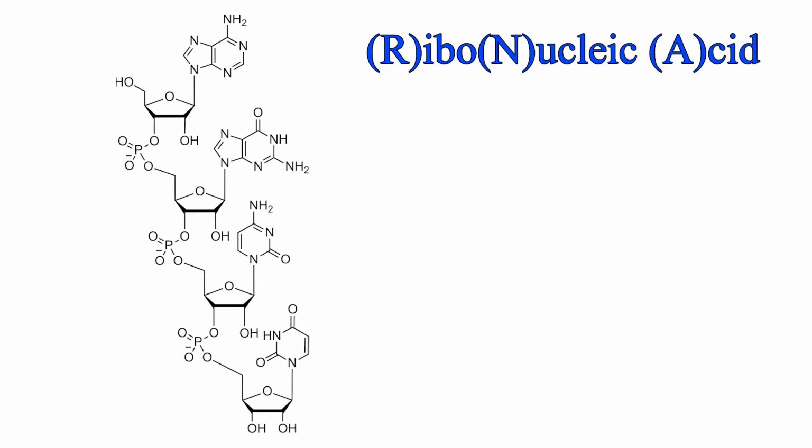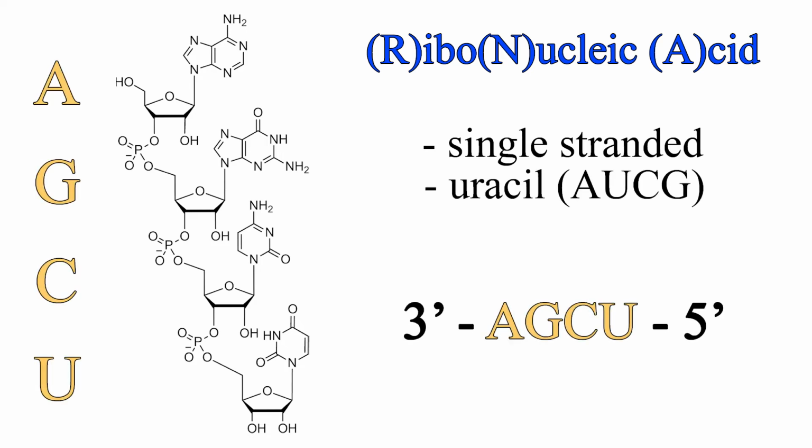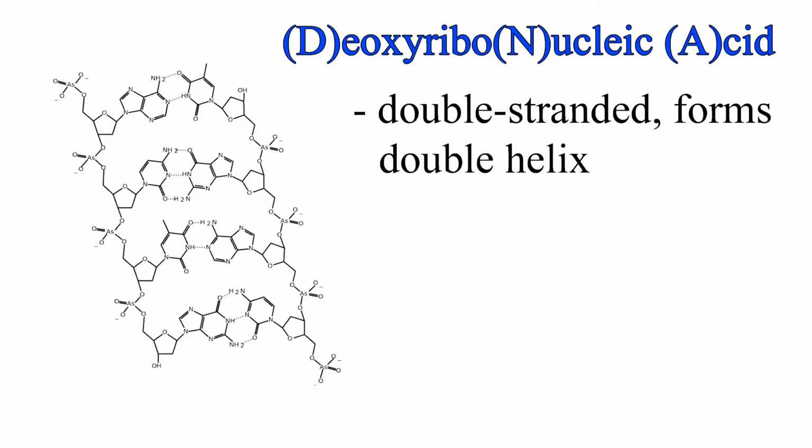RNA molecules are simple. They usually exist as single polynucleotide chains that consist of the bases adenine, uracil, cytosine, and guanine, or AUCG. On the other hand, DNA molecules are double-stranded. 2 polynucleotides spiral around an imaginary axis, forming a double helix. These 2 strands run in opposite directions.